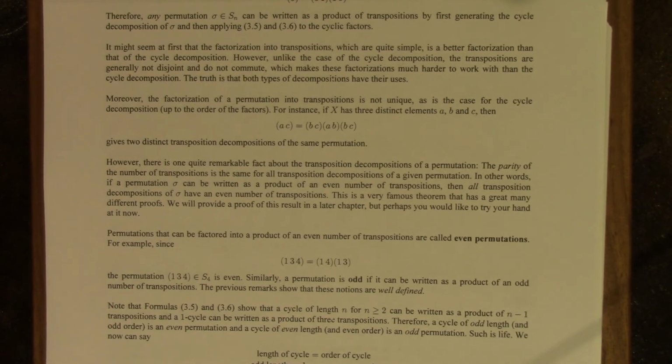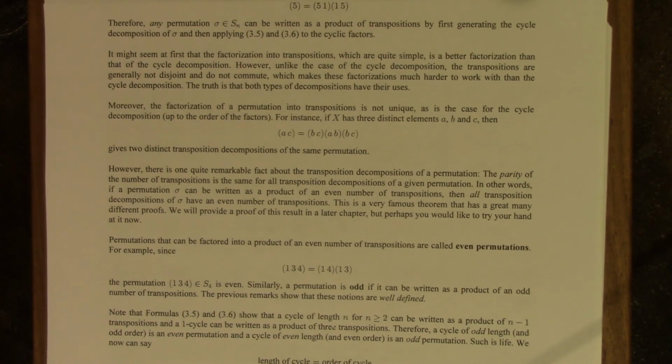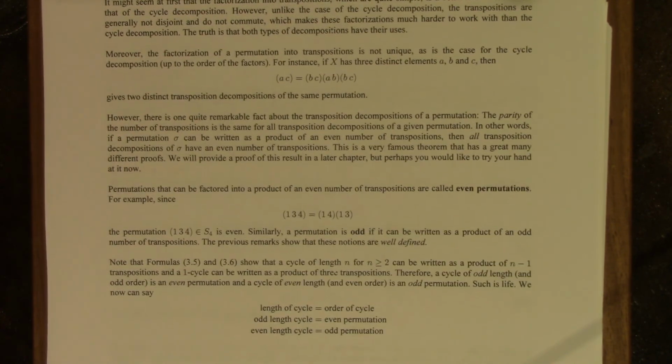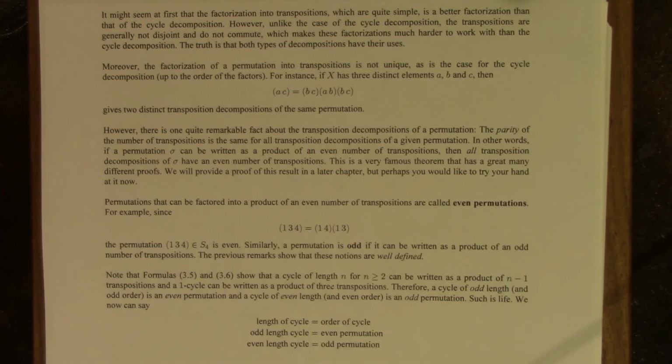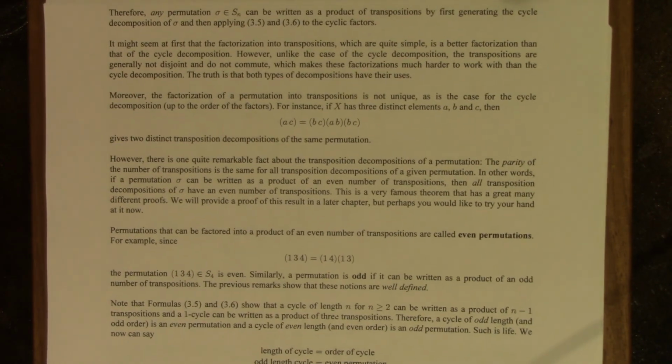And the same statement for odd. So that's quite remarkable. And there are many proofs of this relatively famous theorem, and I'll provide one for you in a later chapter. So it's something you might want to ponder now for your own practice.